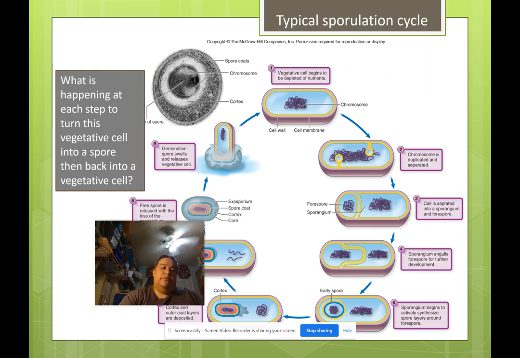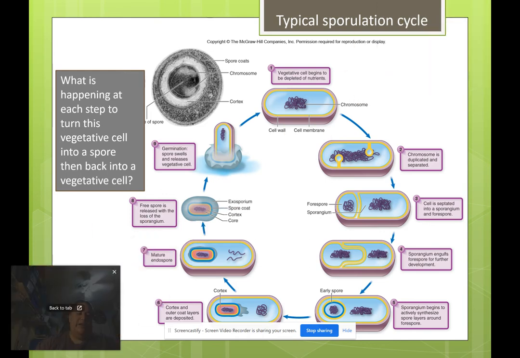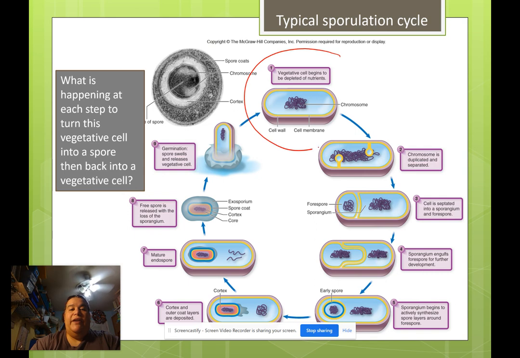So I'll move myself down here. All right. Typical sporulation. We've got a vegetative cell. Remember, vegetative just means that it is active, it's doing what it does. We've got a vegetative cell that starts getting depleted of nutrients.